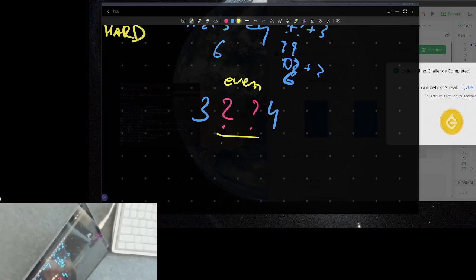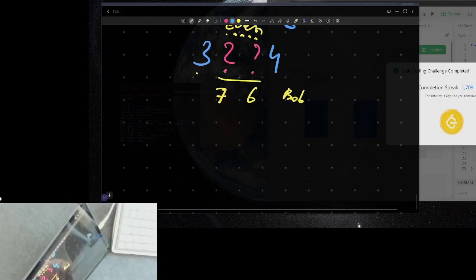Then Alice plays 7, Bob plays, this is 3 plus 7, 10, Bob plays 6, Bob wins, Alice loses. So an even number didn't say anything to us, but if we have odd numbers, Bob wins.